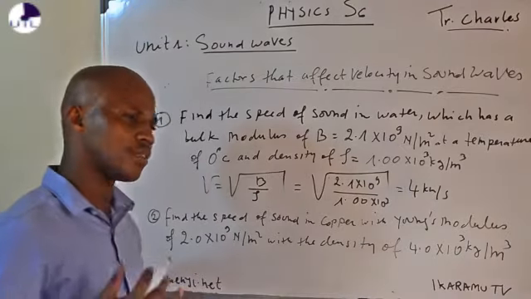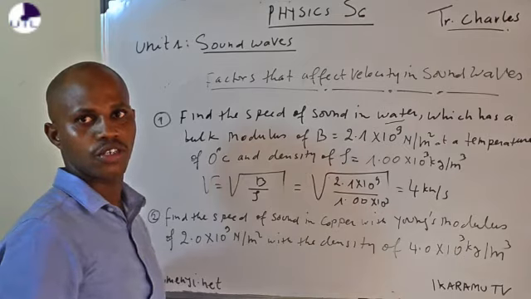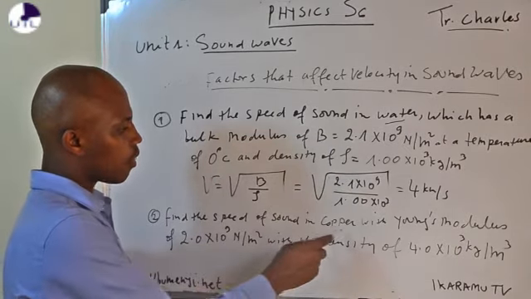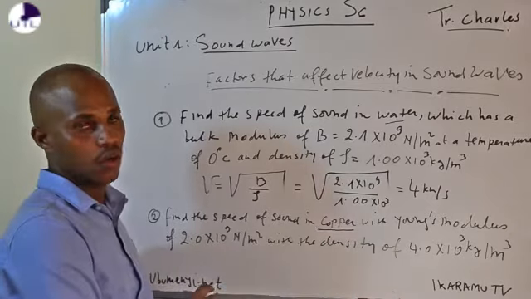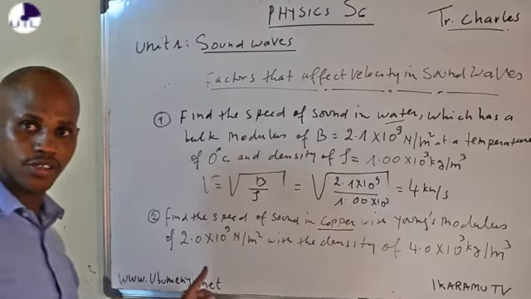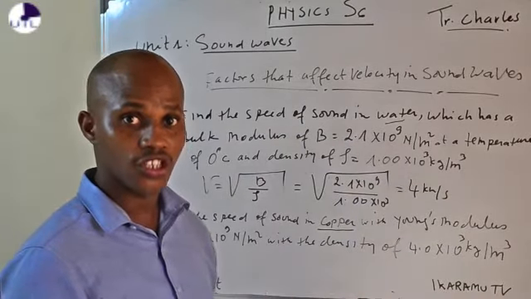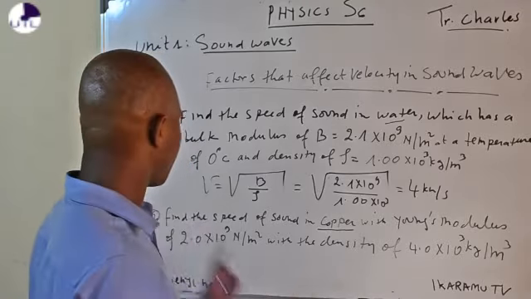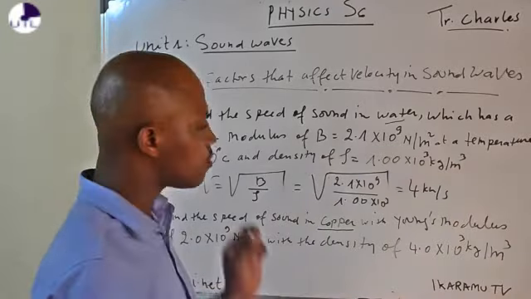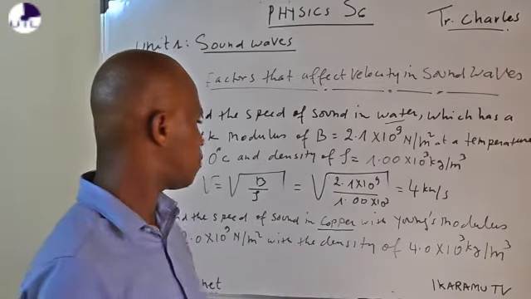But you may ask yourself, here it was in water. What about in solids? Find the speed of sound in copper, with Young's modulus of 2.0 times 10 to the power 9 Newton per meter squared, with a density of 4 times 10 to the power 3 kilogram per meter cube.